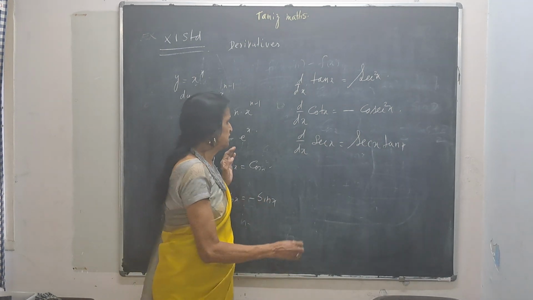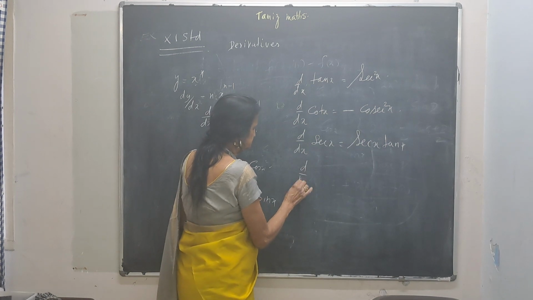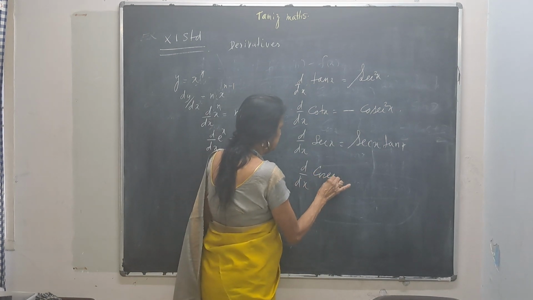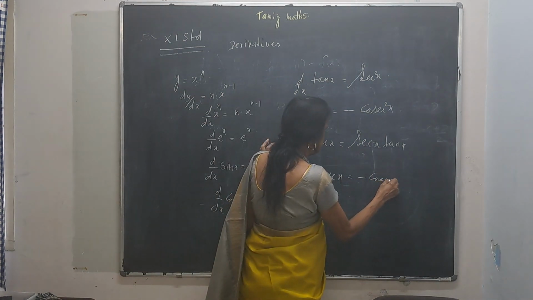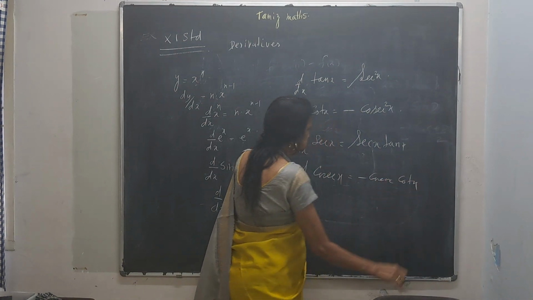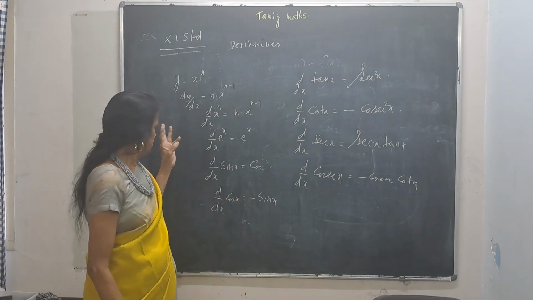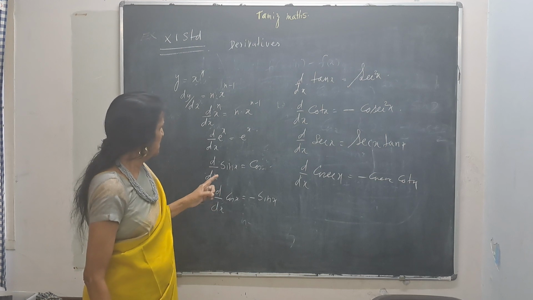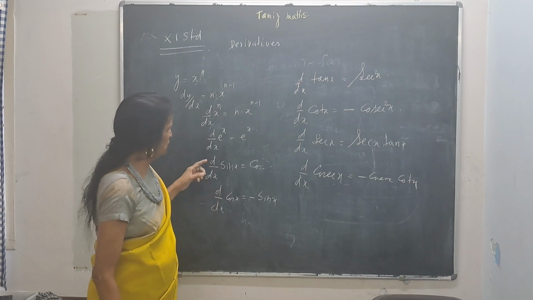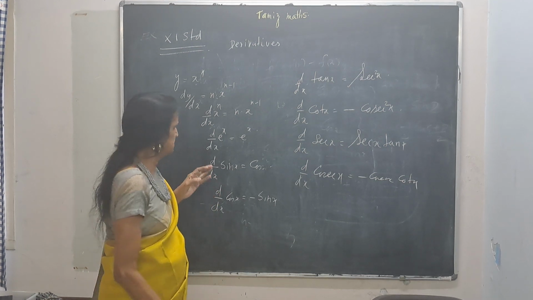Okay. Next, d by dx of cosecant x is minus cosecant x cot x. Next we go e power x, sin x, cos x, tan x, and the reciprocals of this: cot x, secant x, cosecant x.